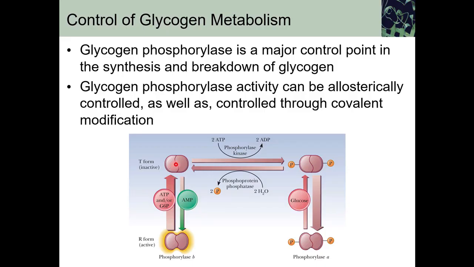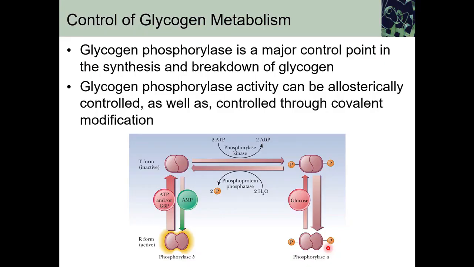That is because the equilibrium here favors the T form, in other words, the inactive form, right? While in the case of phosphorylase A, it's the R form that is more favored, all right?